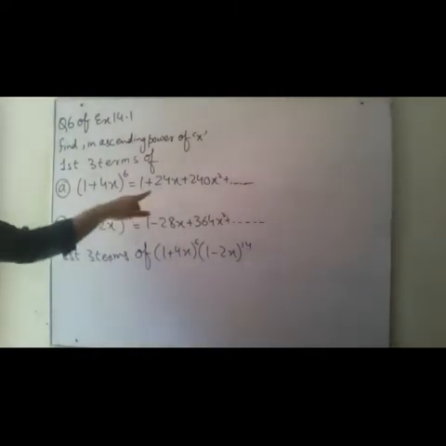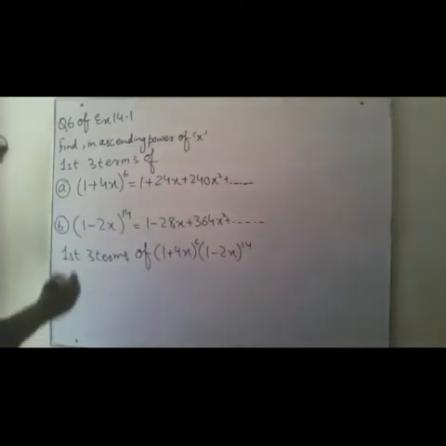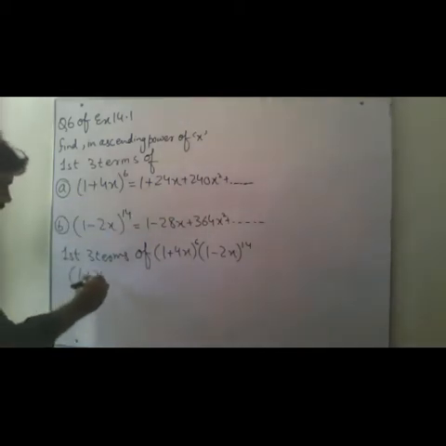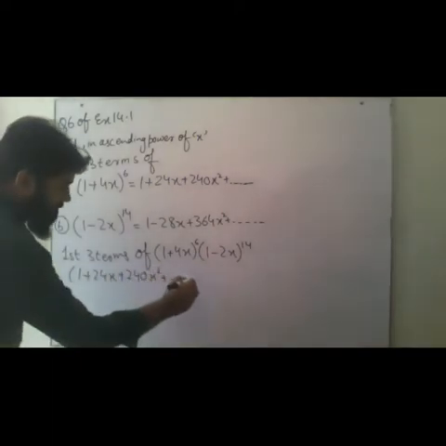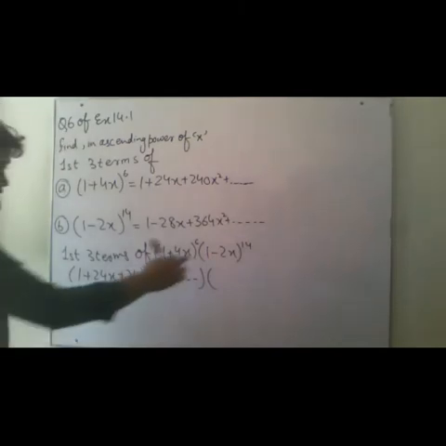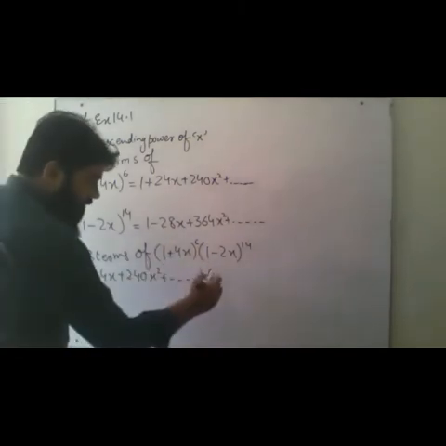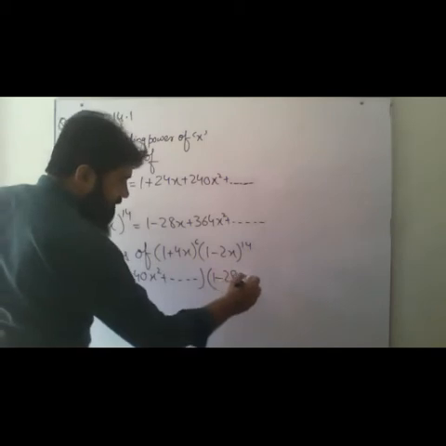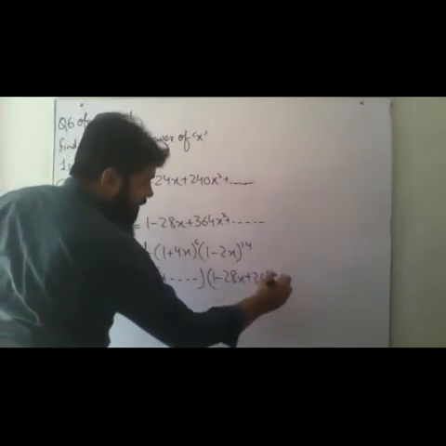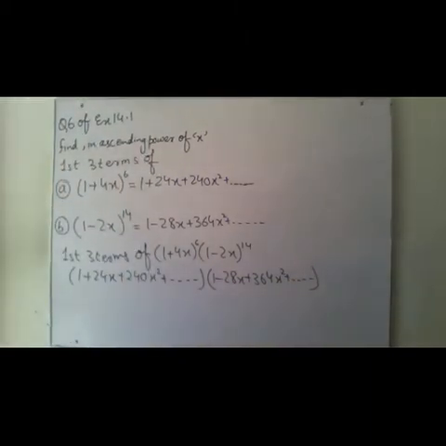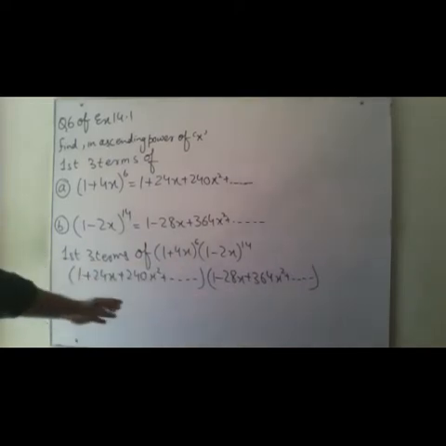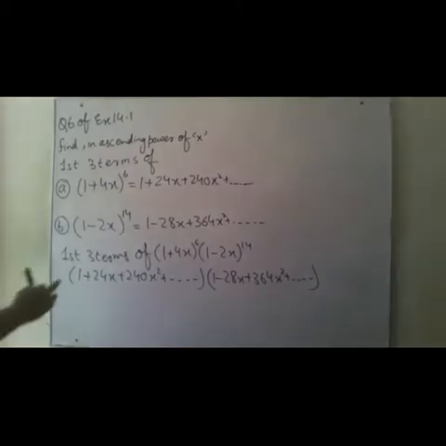For 1 plus 4x, the first three terms are 1 plus 24x plus 240x squared. For 1 minus 2x, it is 1 minus 28x plus 364x squared. Now I will multiply both brackets to get my answer. So how will I multiply?